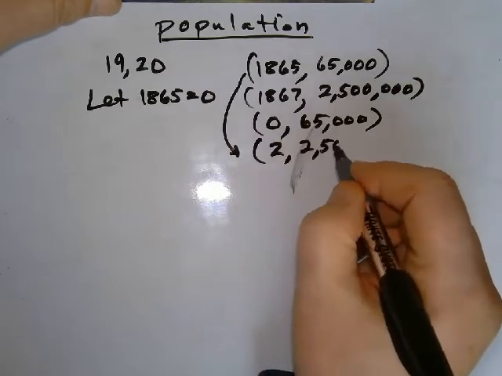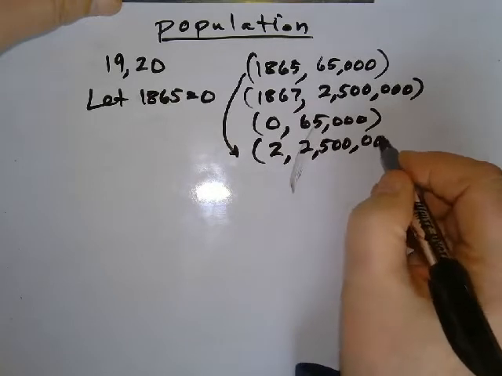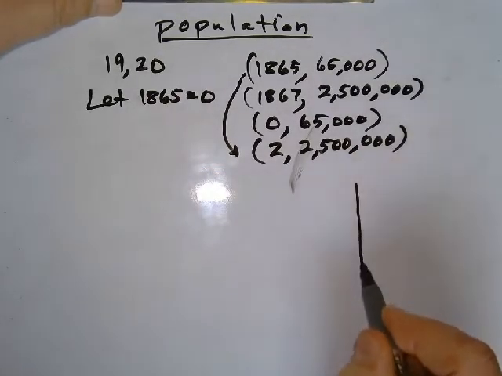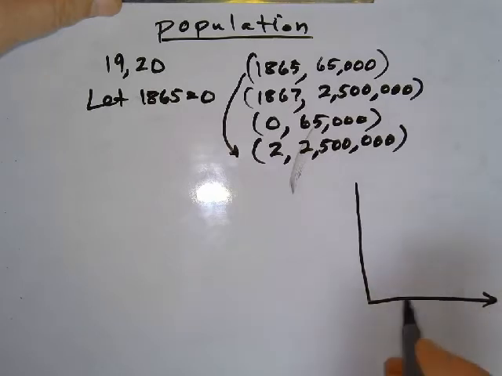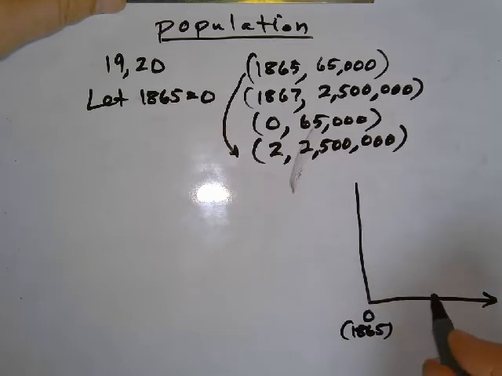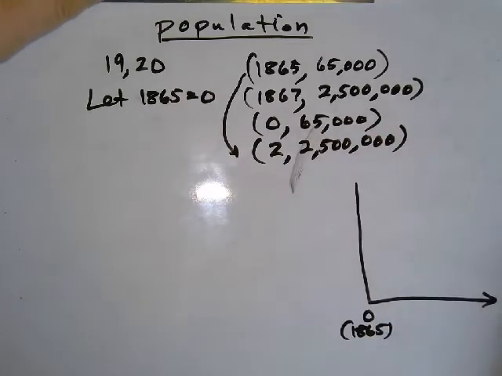Now this is a nice way to do the problems, and this is similar to what we did with linear equations. If we let our graph actually start at 0, rather than letting it start at some other distant time in the past. So if we let 1865 be 0, then 2 has to be 2,500,000.